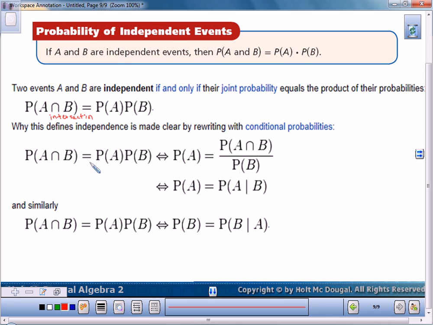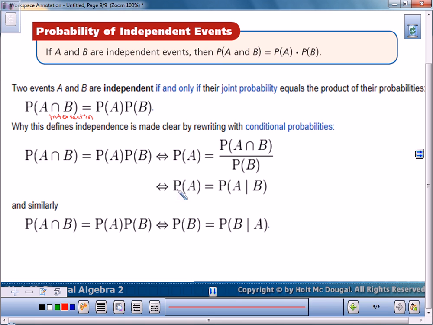So let's look at this. If we solved for A, the probability of A occurring, do you see that the probability of A is the probability of the intersection divided by the probability of B? And the intersection ends up being the probability of A given B. So this is our notation, and this is what it ends up being.